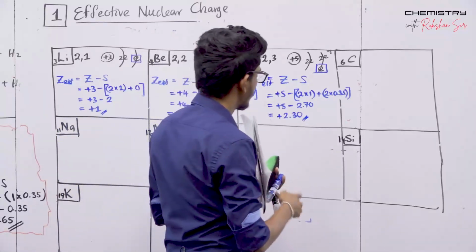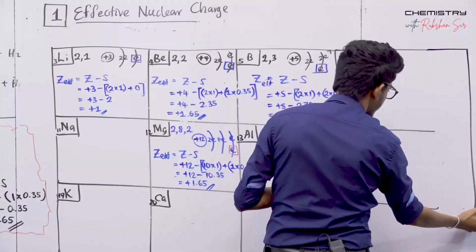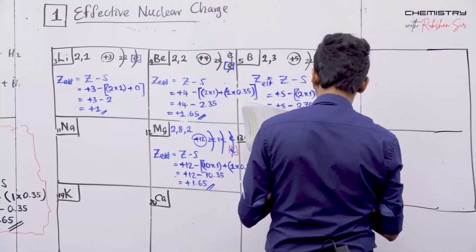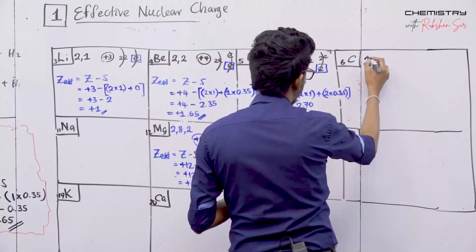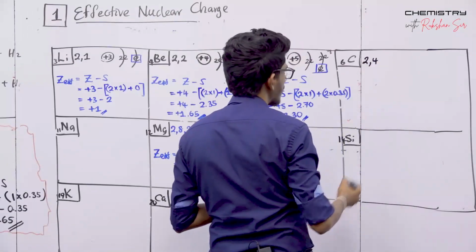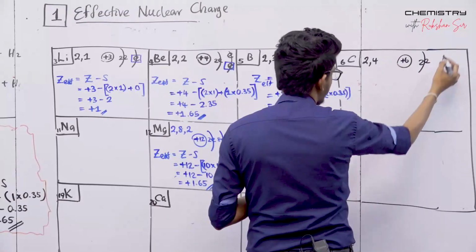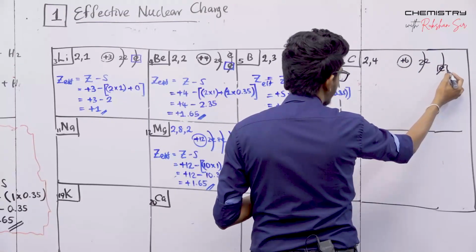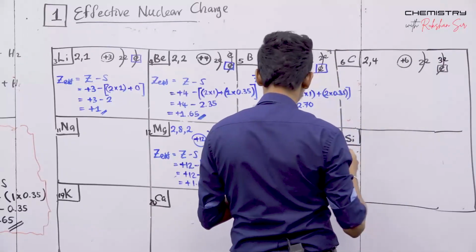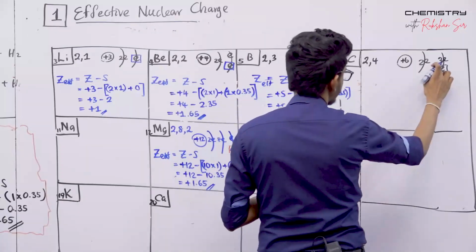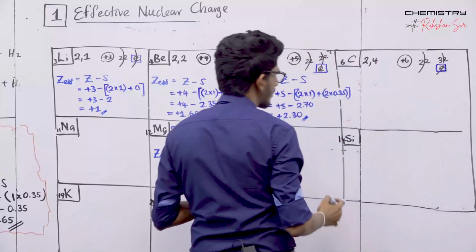Let's do the same for carbon as well. Carbon is 2, 4, so plus 6 there, and 2 electrons in the inner shell. Other than the considered electron, you have another 3 electrons in your valence shell. Let's calculate the shielding effect for this electron.